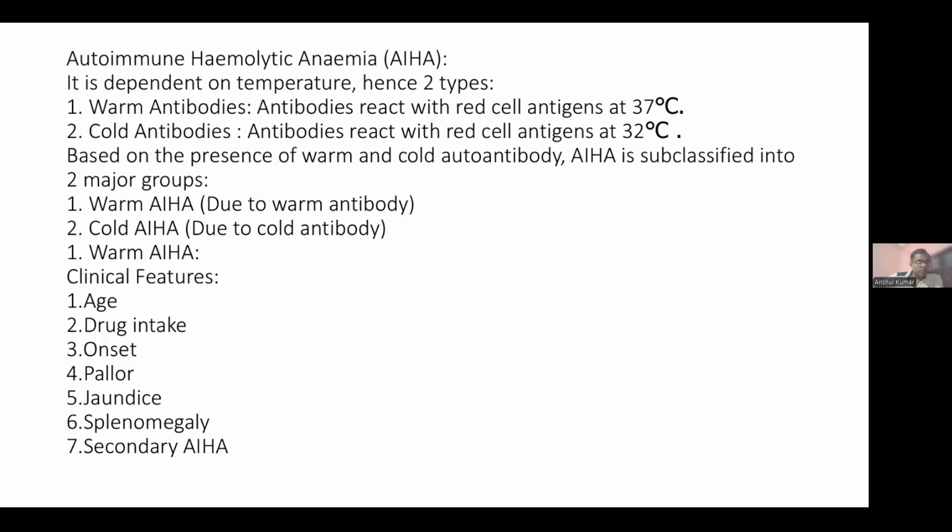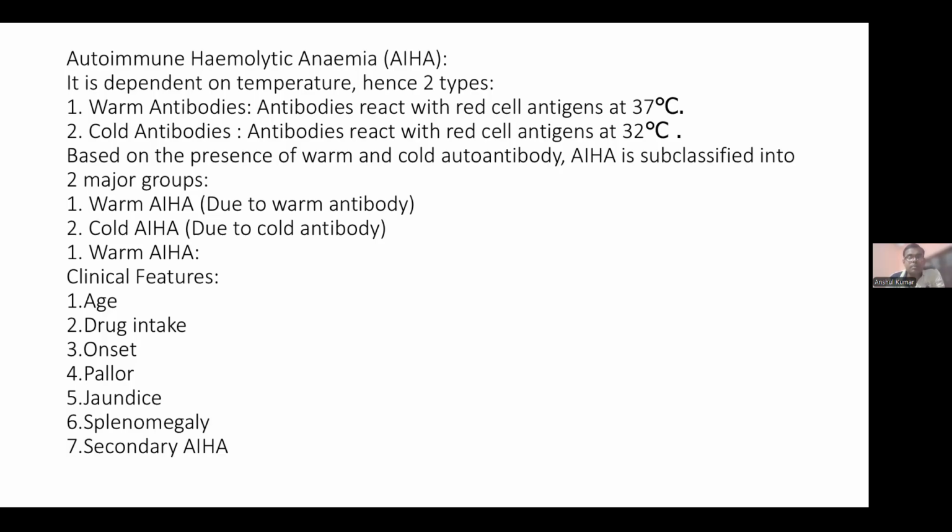Now here, there are two mechanisms of hemolysis. What are the two important mechanisms? The first is phagocytosis of antibody-coated red cells by the spleen through the Fc portion of the antibody-RBC complex. If you know the antibody, you would know that there are two regions: the Fab region, the antigen binding portion, and the Fc portion, the Y portion.